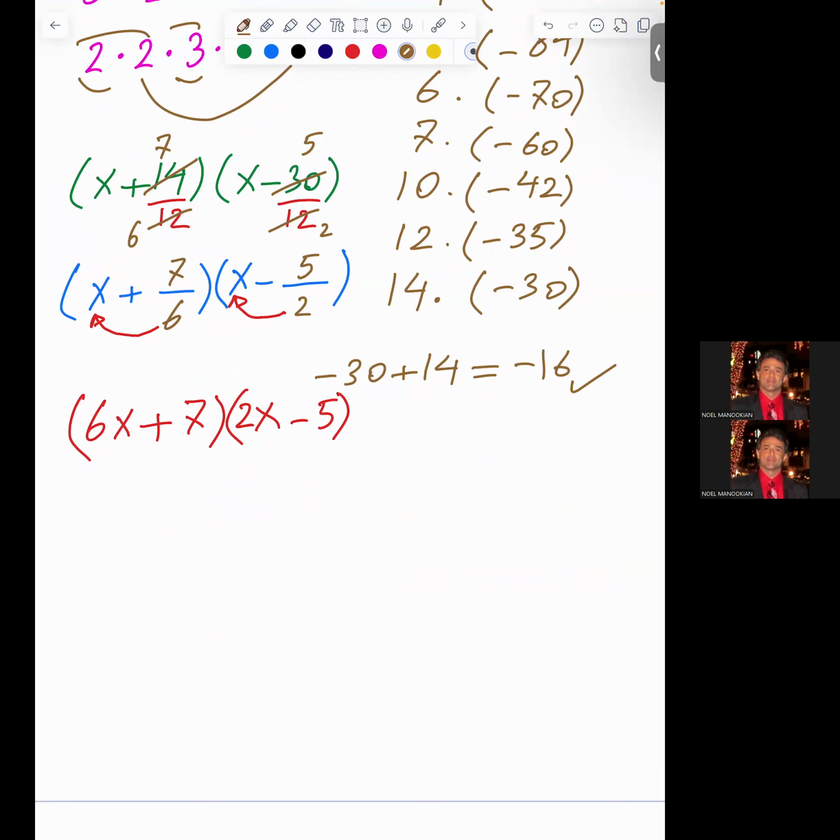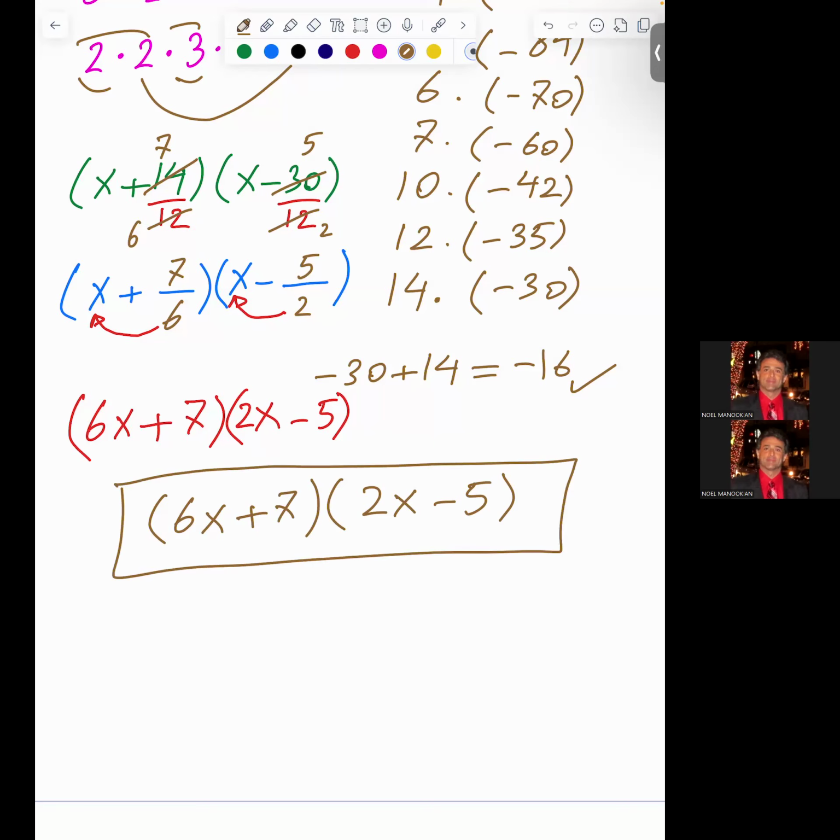However, we are going to check the final answer. So we got the final answer as 6x plus 7 times 2x minus 5. In order to make sure that everything is fine, to get the original expression, first I'm going to distribute 6x over the parentheses. It gives me 6 times 2, 12x squared minus 6 times 5, 30x. And then distribute 7 over the parentheses.